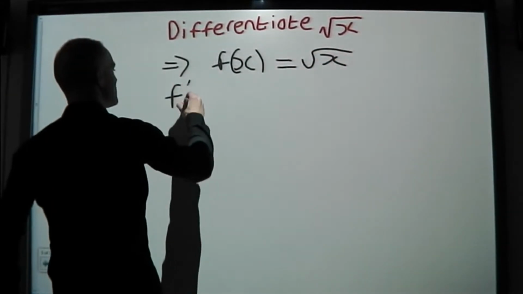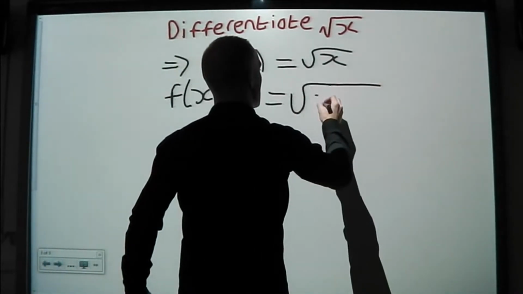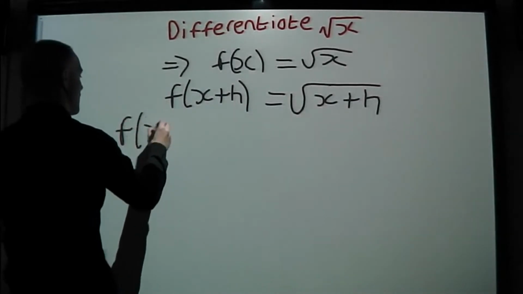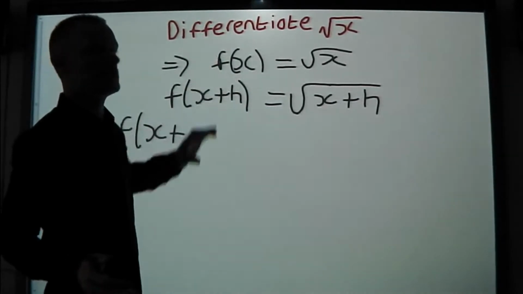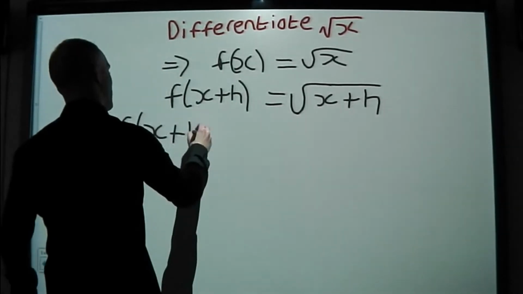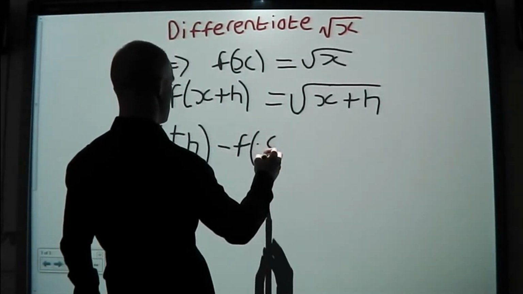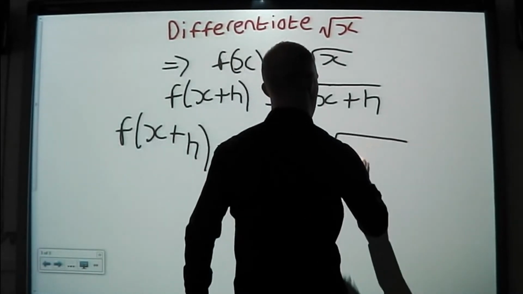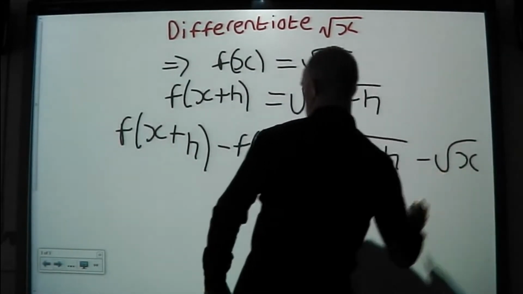f of x plus h is equal to the square root of x plus h. Now, f of x plus h minus f of x. These steps are pretty much straightforward for any differentiation from first principles. There's just a little kind of jigging around on the right hand side sometimes. So f of x plus h minus f of x is equal to the square root of x plus h minus root x.